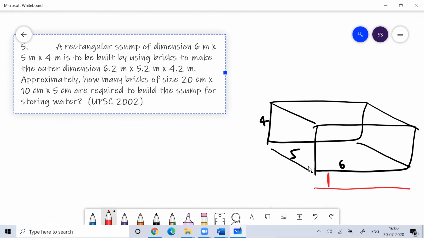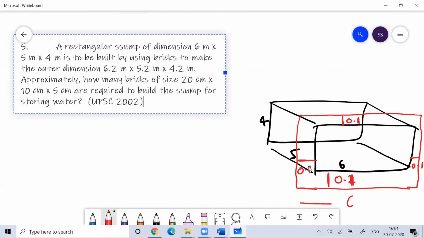So the outer dimension is 6.2. So 0.2 in 6.2 means 0.1 both sides.